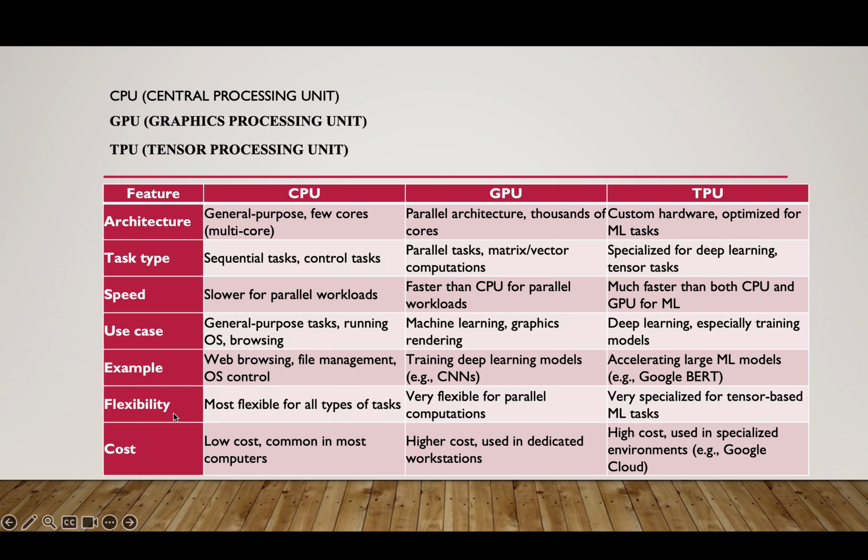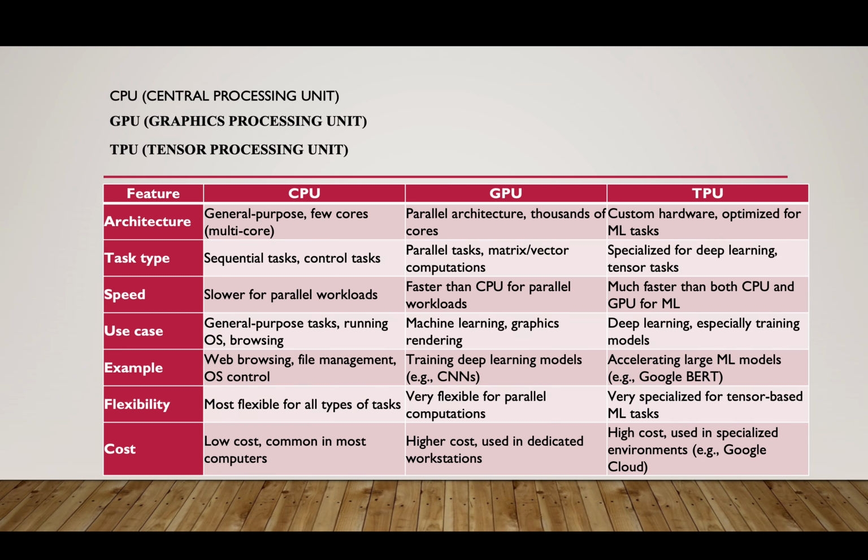On flexibility, the CPU is the most flexible for all types of tasks, the GPU is very flexible for parallel computing, and the TPU is very specific, specifically for tensor based machine learning tasks.